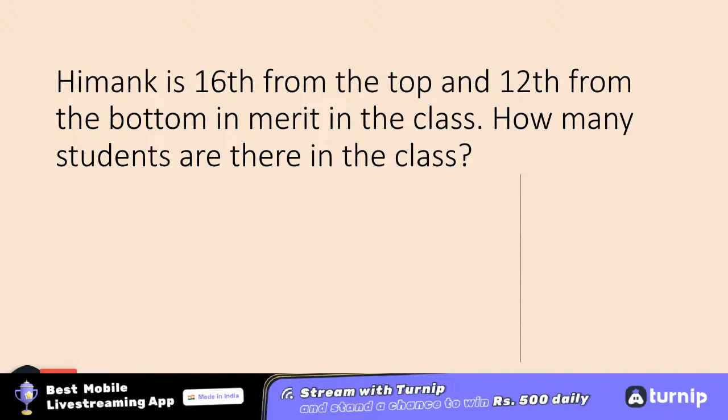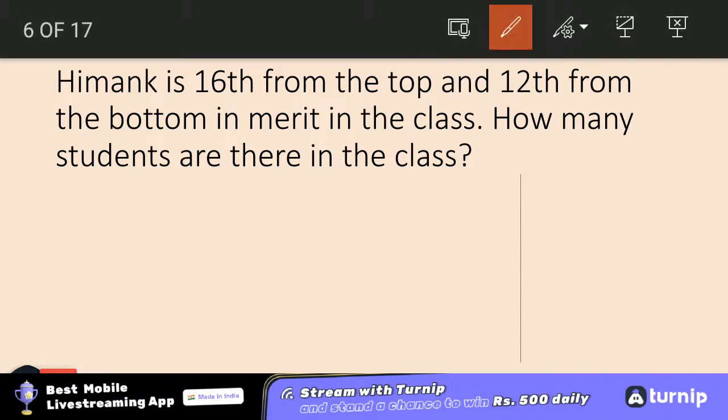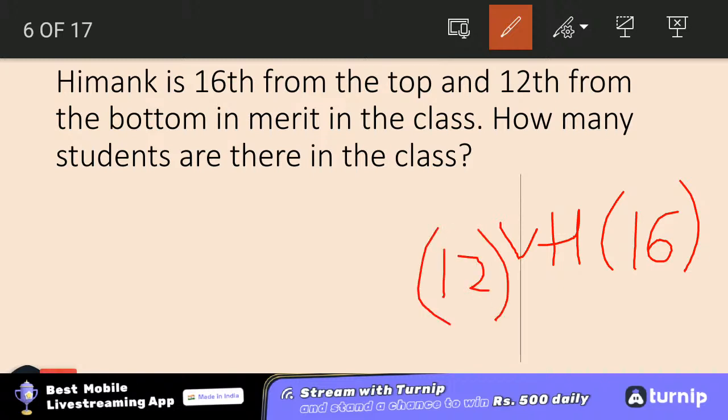So 16th from the top. This is Himang, who is 16th from the top. And what from the bottom? Yes, he is 12th if we are talking about the bottom. The particular boy Himang only. So, how many students are there in the class?